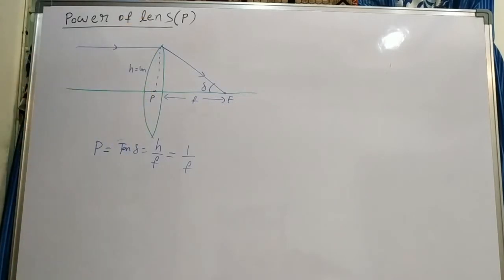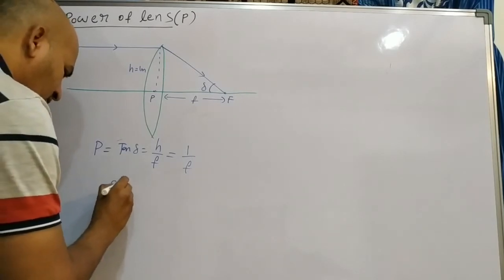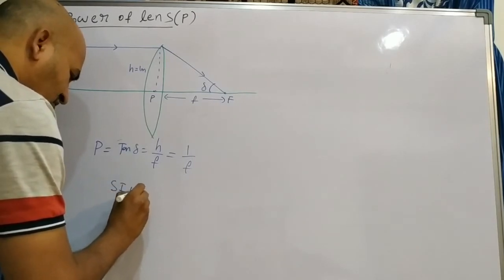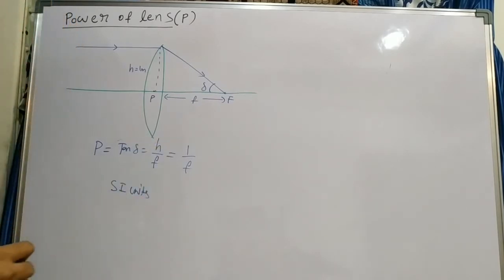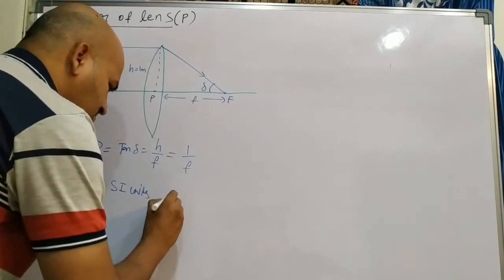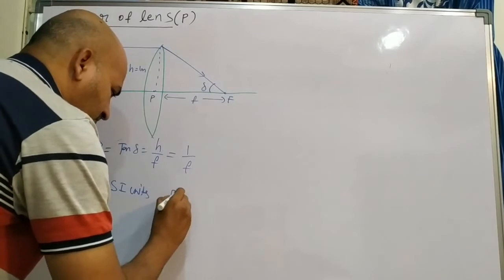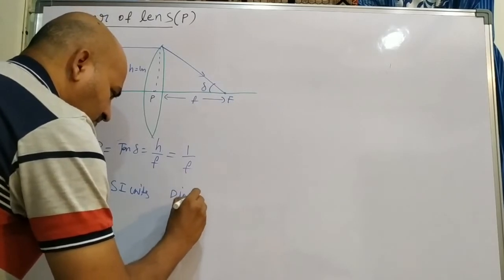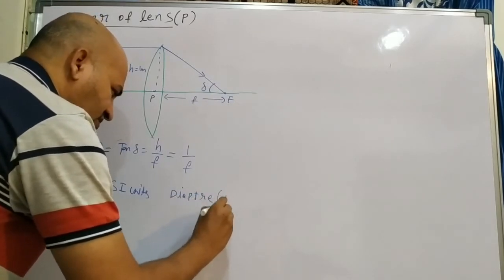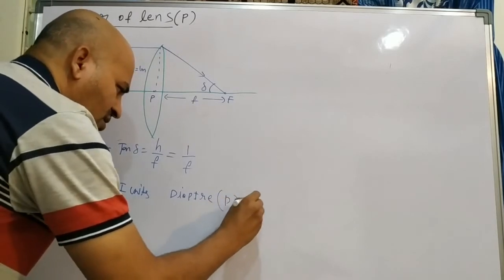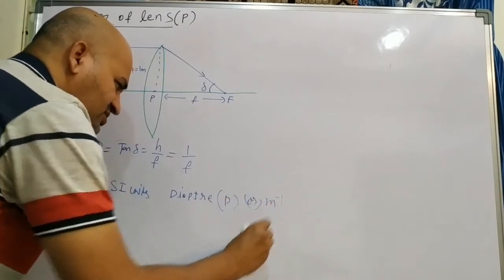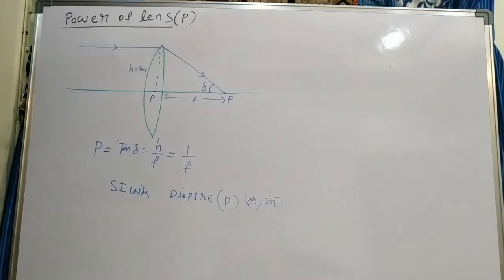And what are the units? SI units, let's see. The unit of power is the diopter, represented with capital D, or you can write meter inverse. Why? Because it is the reciprocal of focal length, and focal length is generally measured in meters.